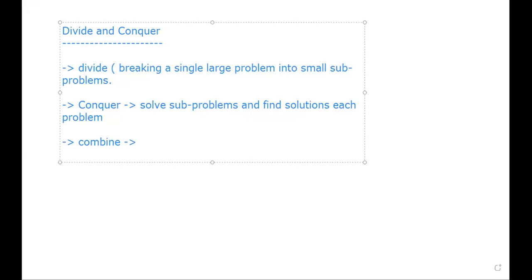So we are going to collect all the sub problem solutions and create a final solution, or we can say join all the sub problem solutions. So this is the basic concept of the divide and conquer approach.